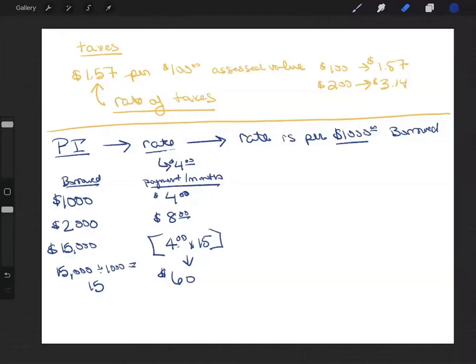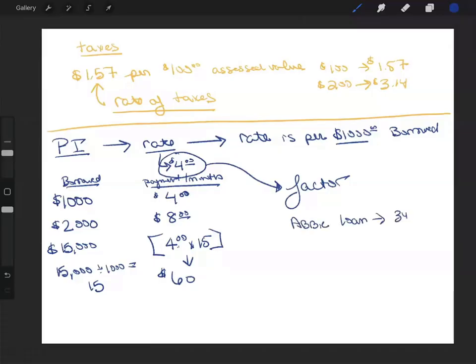So this rate of P&I is called your factor. Sometimes when you get a math problem, they'll say Abby is getting a loan for $340,000 with a factor of four.